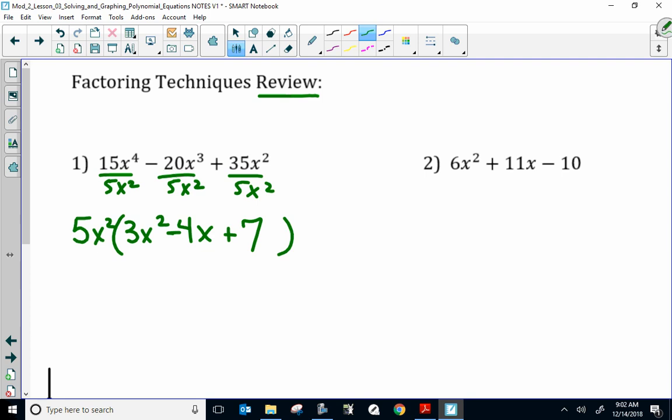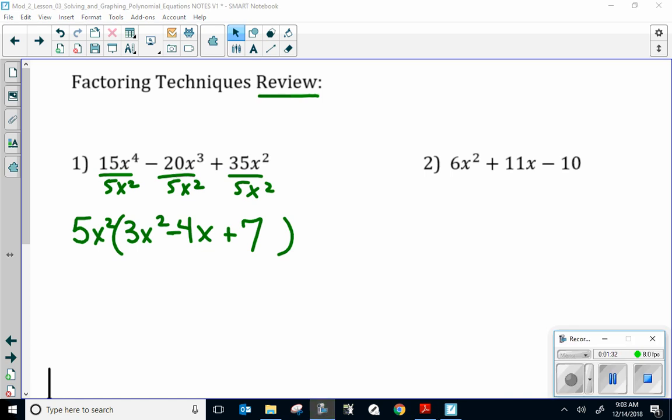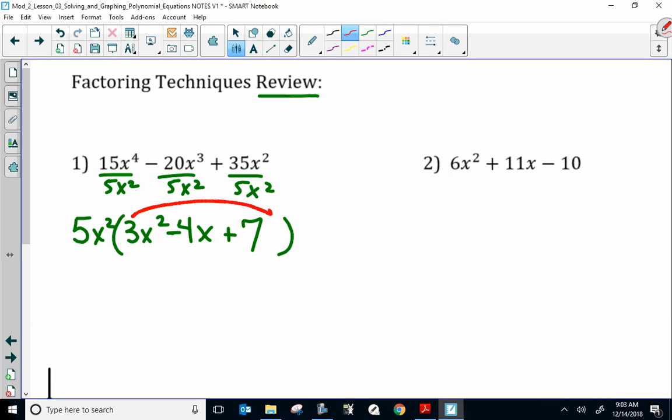Now, I don't know if I can factor that any further. So what I'm going to do is try slip and slide at this point. I'm going to slip the 3 out back. And I now have x squared minus 4x plus 21. Okay, and this 5x squared just comes for the ride.